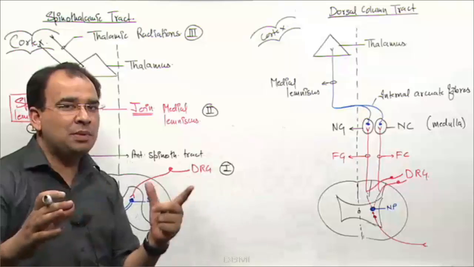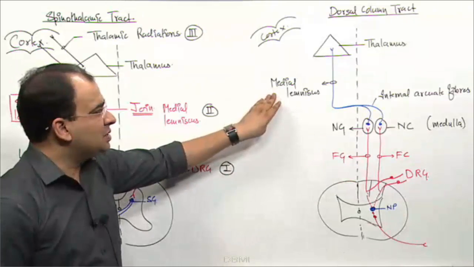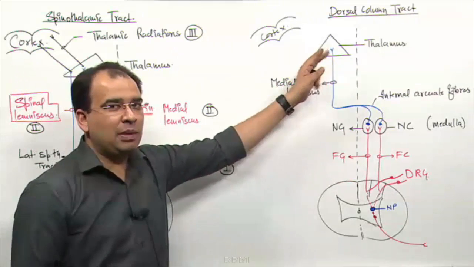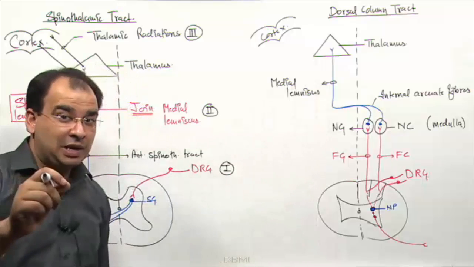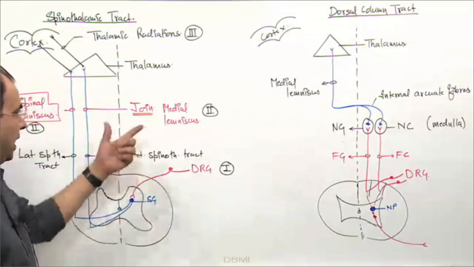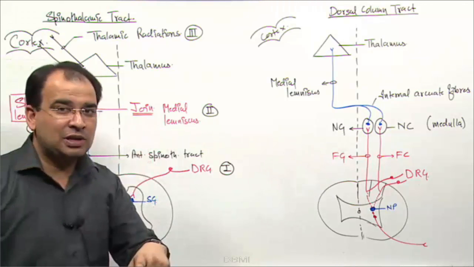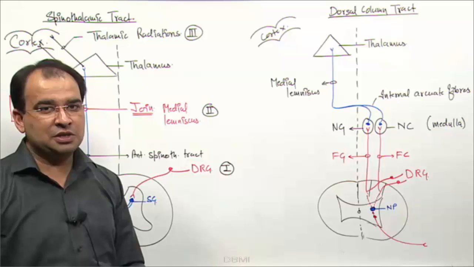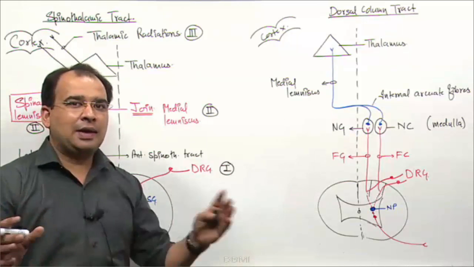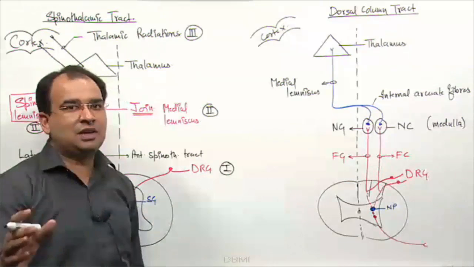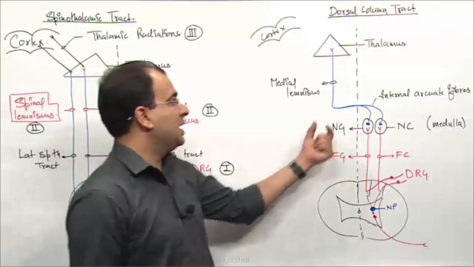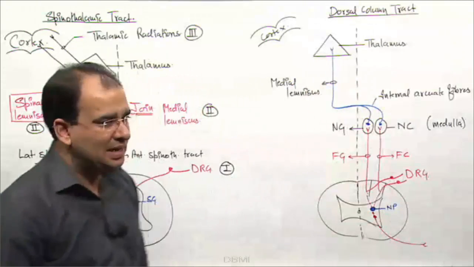Because there is something common between the two. Medial lemniscus is the dorsal column tract, and if you remember, dorsal column tract carries the touch and pressure, and anterior spinothalamic tract is also carrying the touch and pressure. Yes, one is crude touch and one is fine touch, but in both we have the touch and pressure, so they travel in the same lemniscus, and that is medial lemniscus over there.